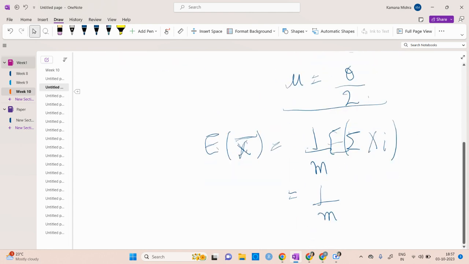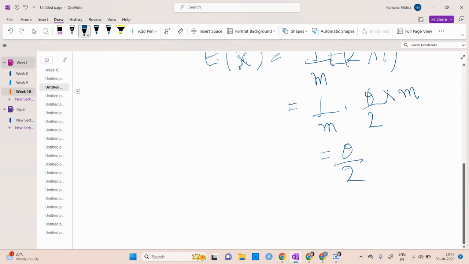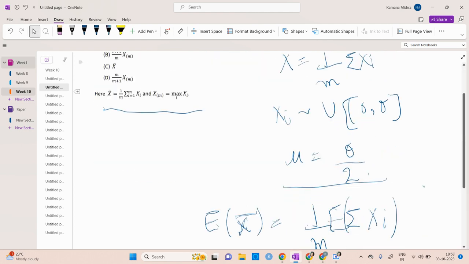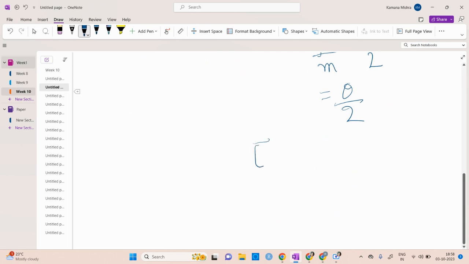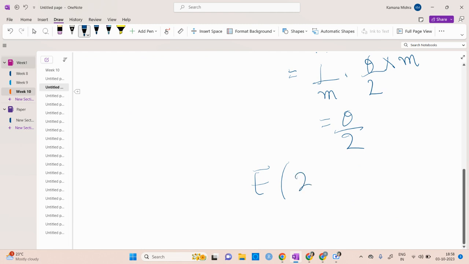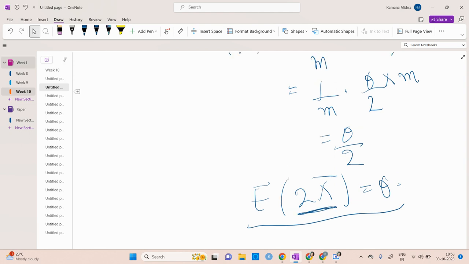So for all xi, mu will be theta upon 2, and this is for m values, so it will be theta upon 2. Now we want to find the unbiased estimator of theta, not theta upon 2. So expectation of x bar is theta upon 2, so expectation of 2x bar will be theta. So 2x bar is an unbiased estimator, right?